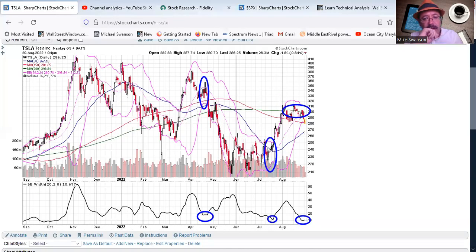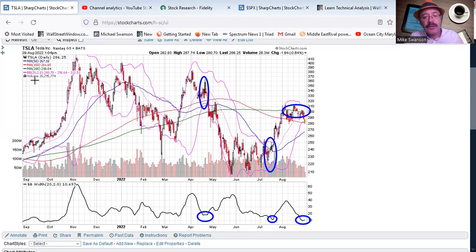We're looking here at a chart of Tesla. And I use technical analysis to interpret the trends that a stock or a market or ETF are in. What we've seen with Tesla is the stock rallied up.